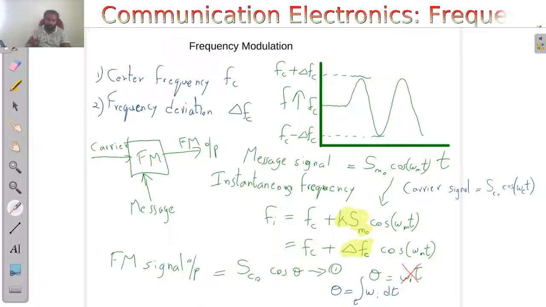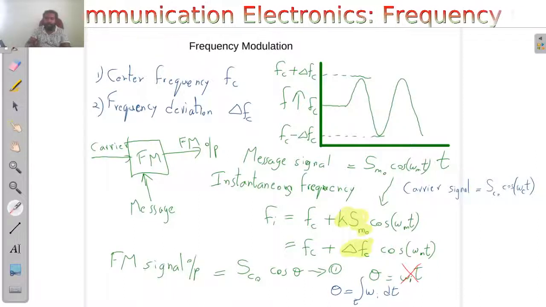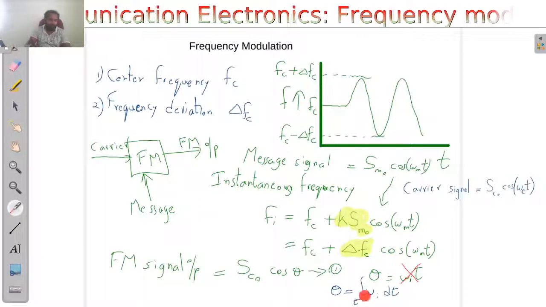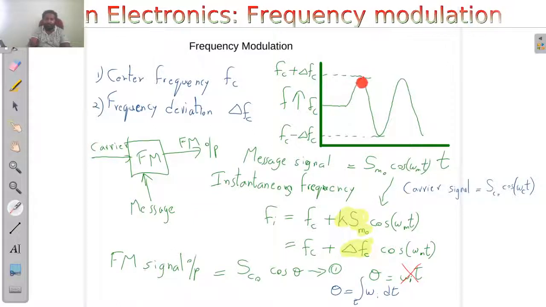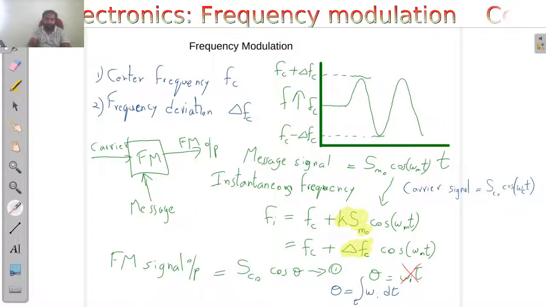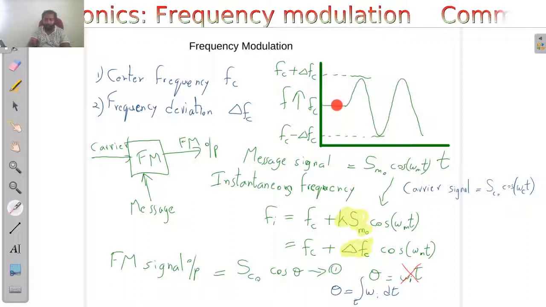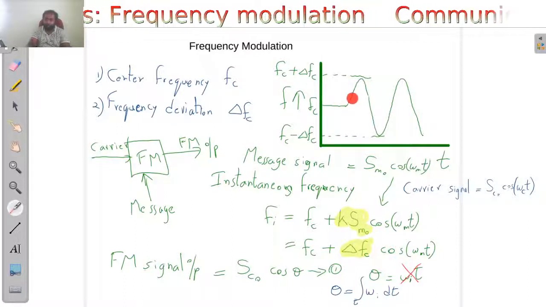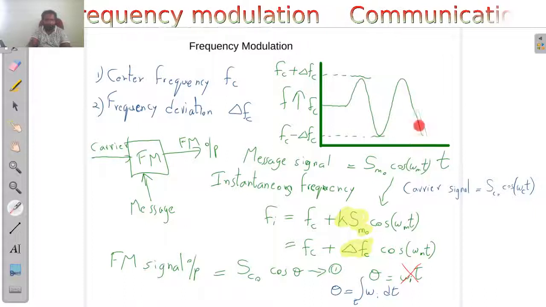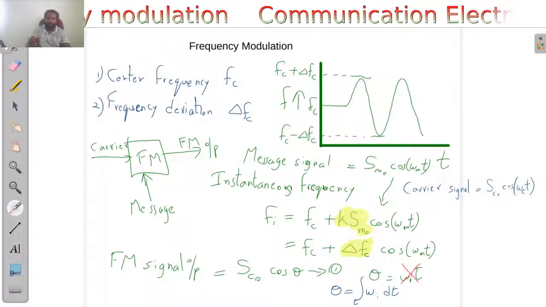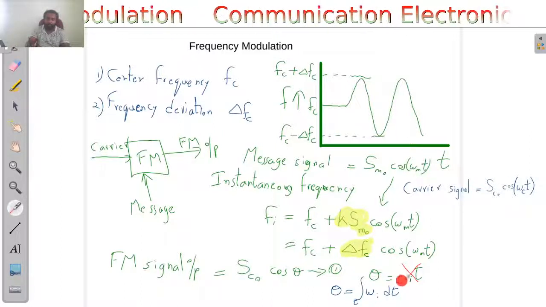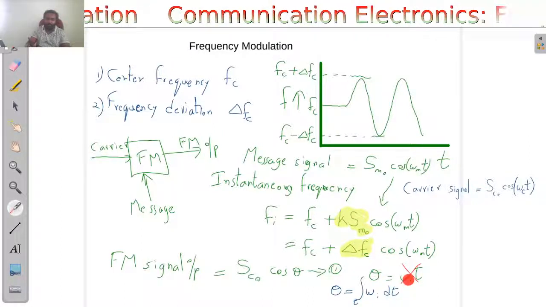So you need to have an integration coming into the equation. That is because at each instant the frequency is varying, right? If it was like this, the frequency was not varying, but when you modulate, the frequency is changing. So you need to apply integration onto this. It is not a constant, you need to add up all the omegas.